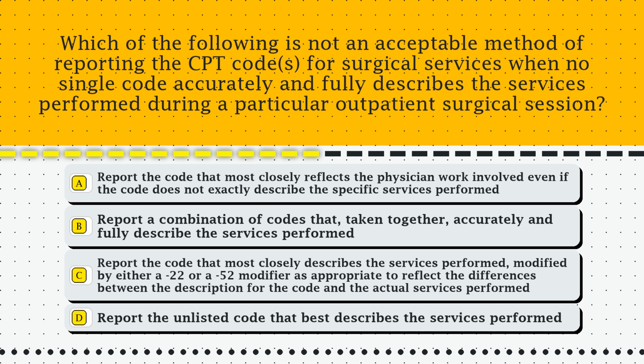Option B. Report a combination of codes that, taken together, accurately and fully describe the services performed. Option C. Report the code that most closely describes the services performed, modified by either a -22 or a -52 modifier as appropriate to reflect the differences between the description for the code and the actual services performed. Option D. Report the unlisted code that best describes the services performed.